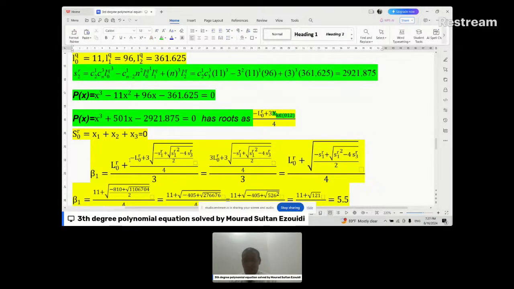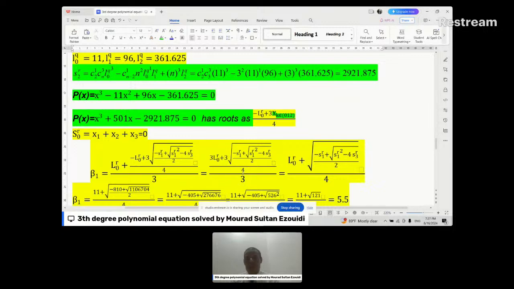You see, L0 multiplied by 4 will give you 4L0 for the Q. Then minus L0 for the R will give you 3L0 for the R plus 3 times the root of negative S1 for the R plus the root of S1 squared minus 4S3, all divided by 2, all divided by 4, because this is 4 divided by 3.